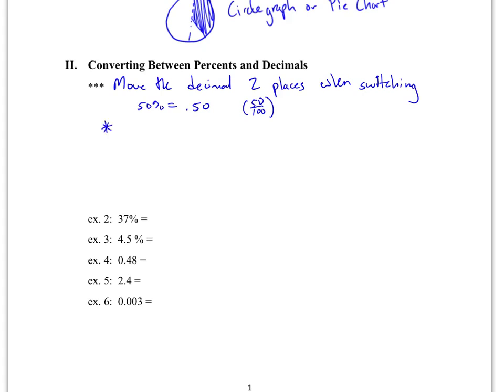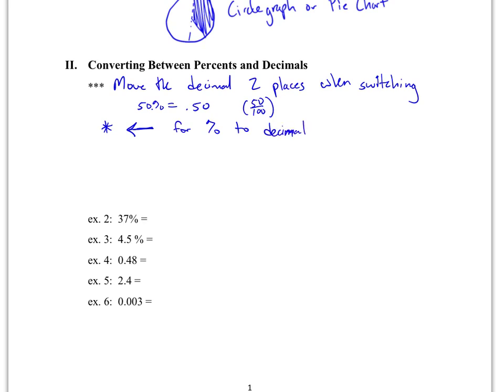The only one you'd have to do it on is the first one when you say 50%. That's the same thing as 0.5. So if you think about it, I moved the decimal. It's right here, after the 0. I moved it 2 places to the left. So you're going to move left for percent to decimal.